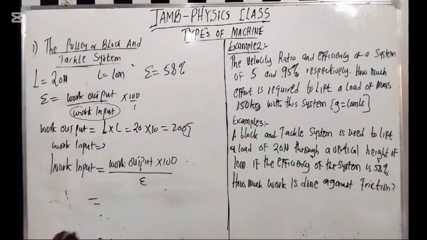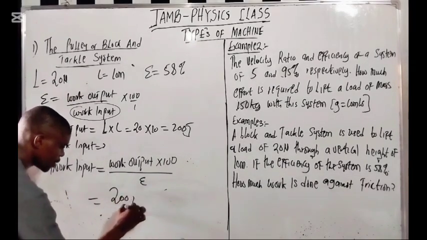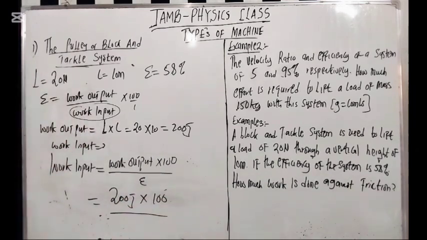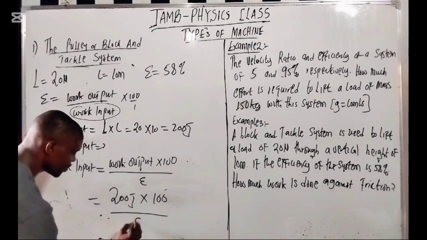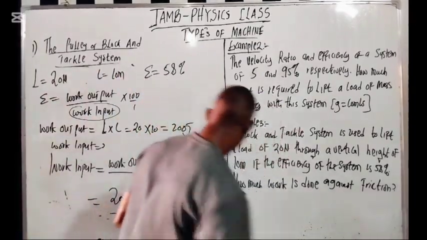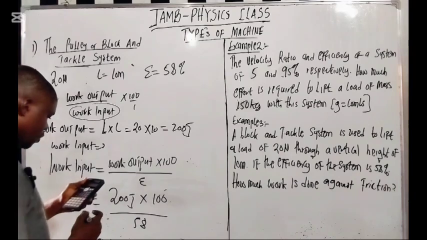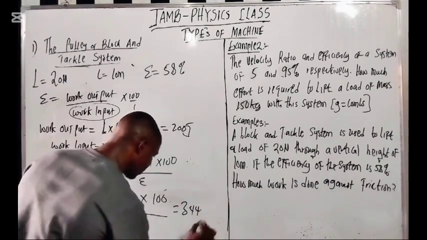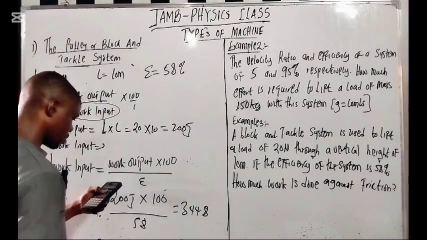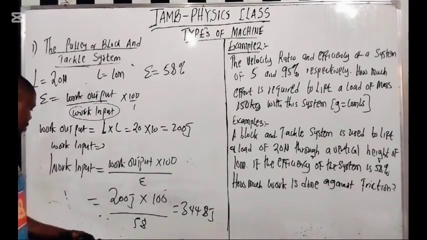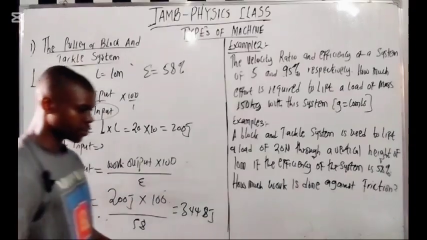If you input the values, work output is 200 joules times 100 over my efficiency, which is 58. So here we have 344.8. That is the work input.